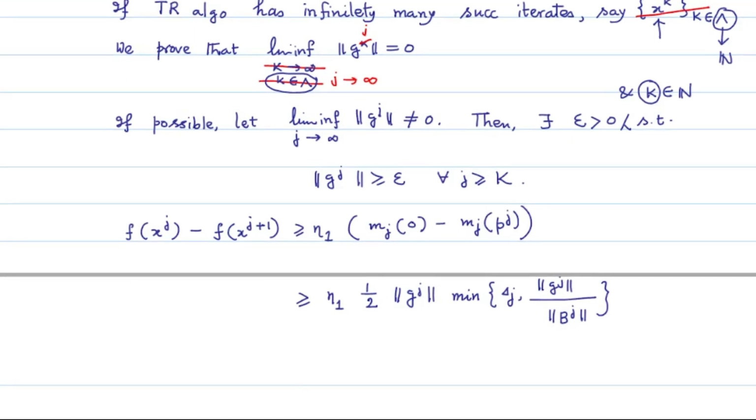And as after the index capital K we have norm gj greater than or equal to epsilon, we have this right hand side quantity further greater than or equal to eta 1 times half epsilon and minimum of delta j and epsilon divided by beta, where beta is an upper bound of the norm of bj's.